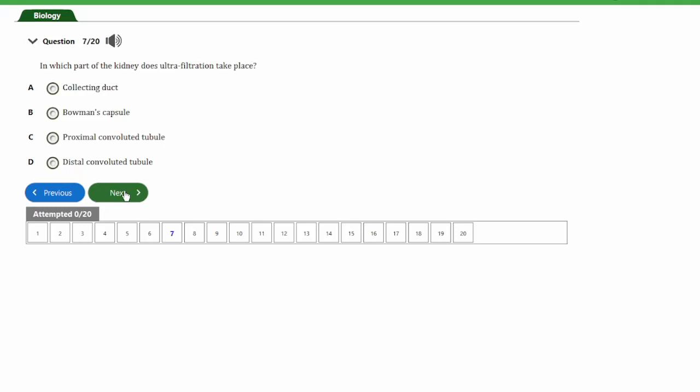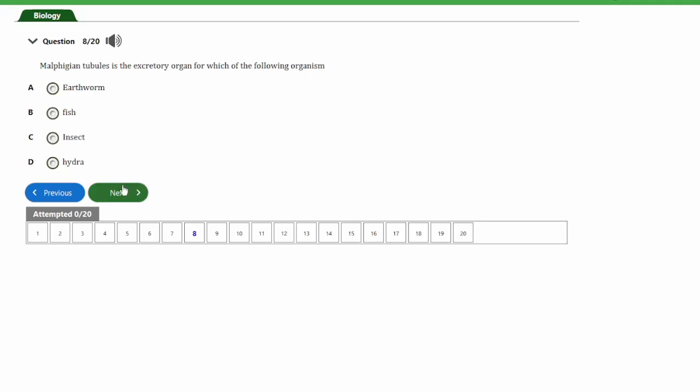The proximal convoluted tubule is found after the Bowman's capsule, and then the distal convoluted tubule is actually next to the collecting duct. So guys, these parts are not where ultrafiltration takes place. The answer to this question is the Bowman's capsule, because this is the first part of the kidney nephron, and that's where the ultrafiltration takes place.